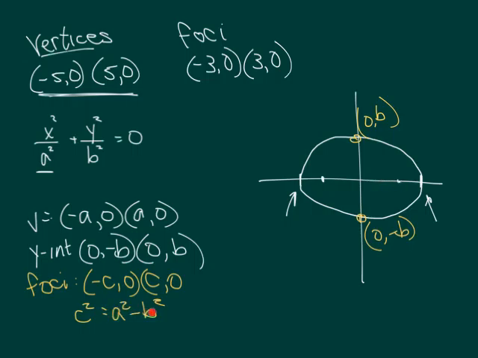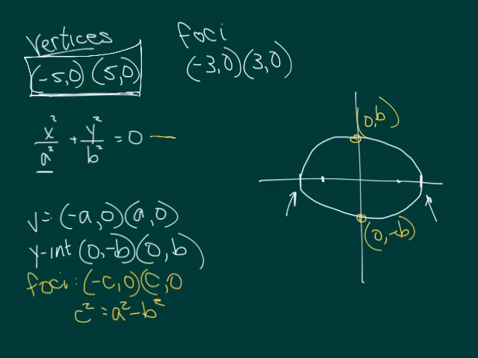That's what this means right here. So let's look at all this information and see if we can write this as an equation. Let's find out what our vertex is. We know our vertex is -5, 0, so we know my a is actually 5.